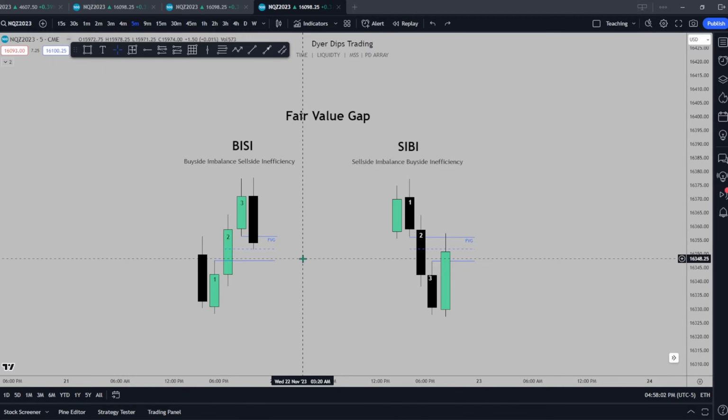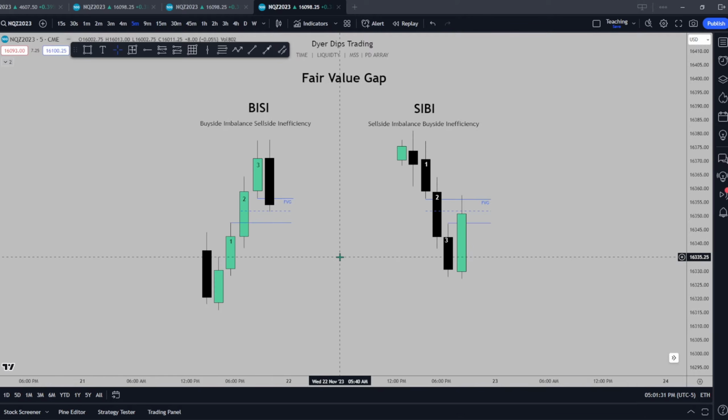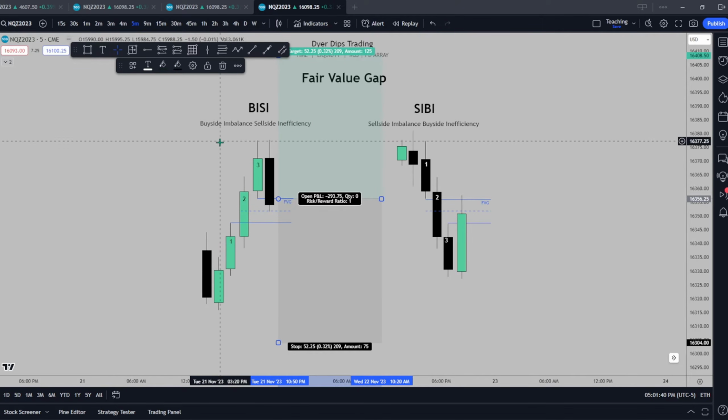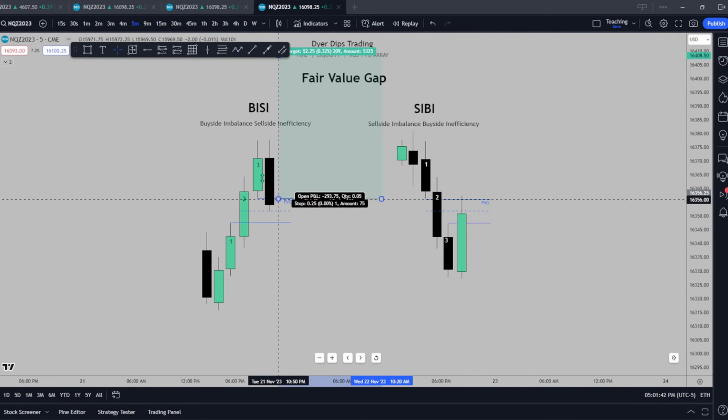So now that you understand what a fair value gap looks like when it has officially failed, let's get into risk management and how I like to place my stop loss when we're talking about fair value gaps. If we take a look at the buy side imbalance, sell side inefficiency, or BISI example over here, and I'm going to take my entry right at the beginning of this fair value gap, the safest stop loss placement for this trade is going to be below the swing low.